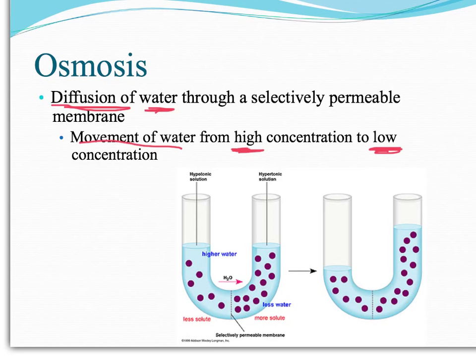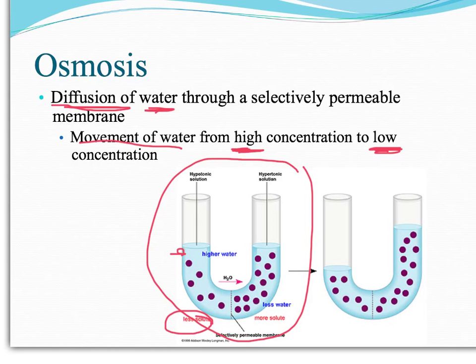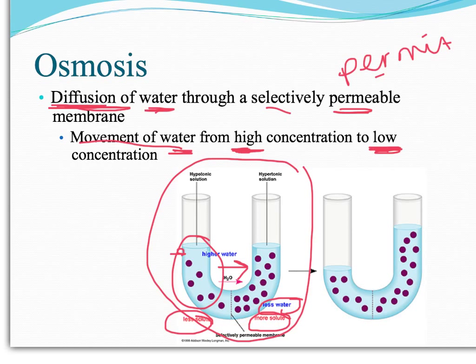So if we take a look down at this diagram right here, you can see that we have more water on this side because we have less solute or less particles. Since we have more solute on this side, that means that we have less water. Therefore, the water will move from an area of high concentration to low concentration.